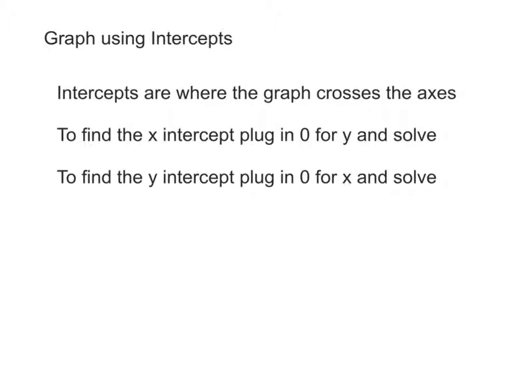So let's take a look at an example. They might give us something like 2x plus 7y equals 28. First we're going to find our x-intercept. You need to make sure you're showing your work for these and not just giving me answers.